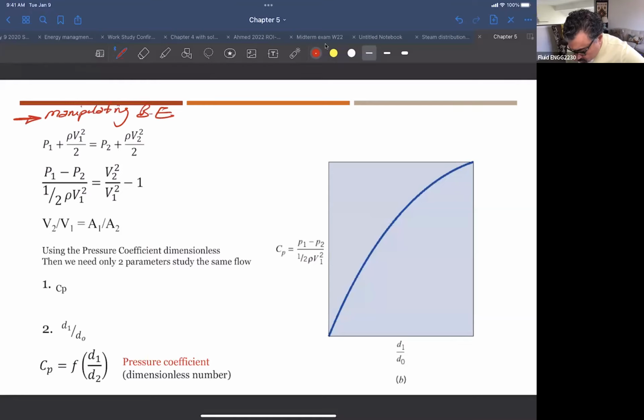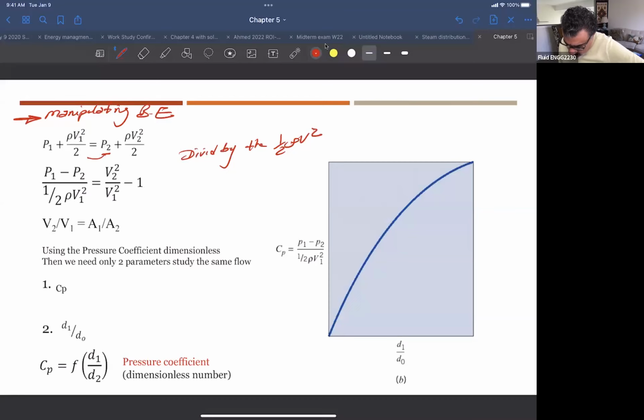Okay, so we manipulate the Bernoulli equation by looking for a way to get it into what we call a non-dimensional form, right? So I'm just getting P1 minus P2, and then dividing by half rho V square, right?